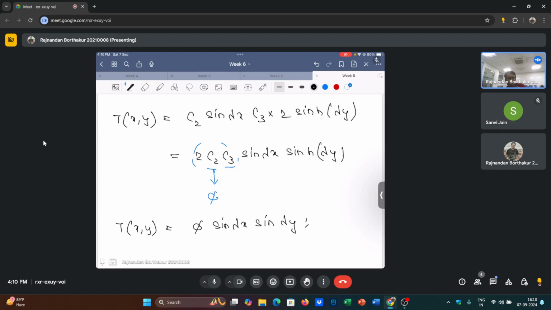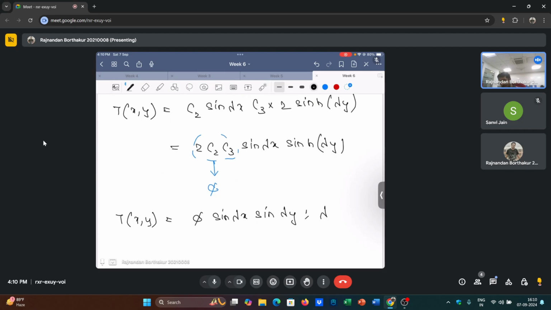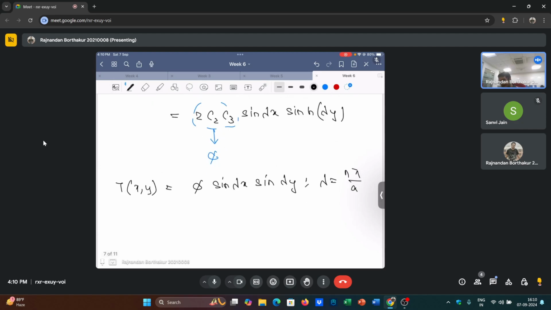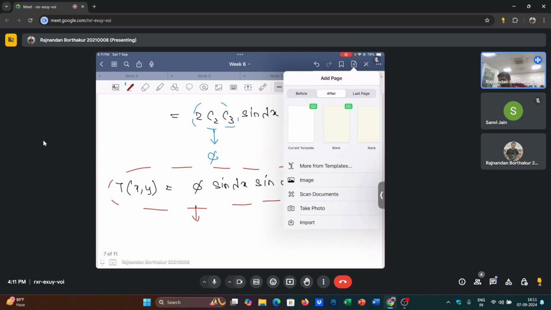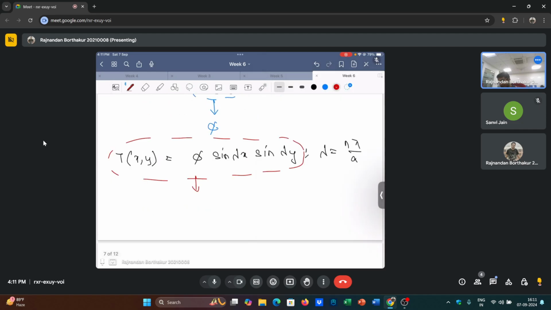Okay. But we know that this lambda is basically equal to n pi by a, which means I can now write this equation in a more general form. So tell me if I can write this as something like this or not.